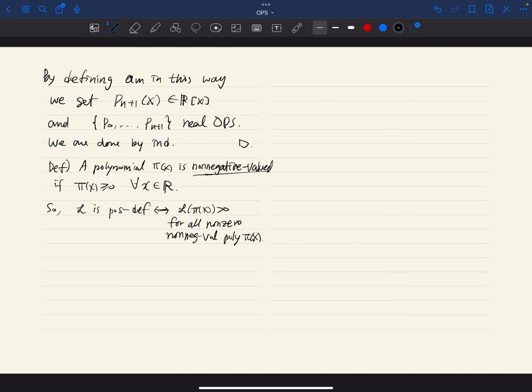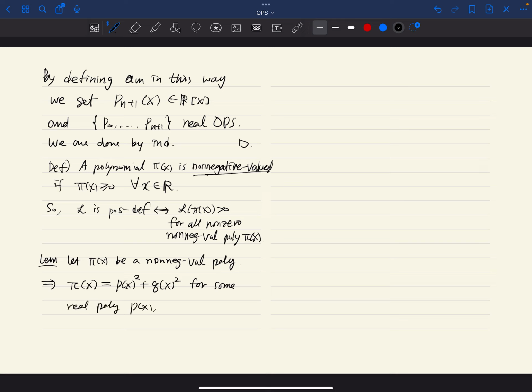But before that, let me prove a simple lemma about non-negative valued polynomials. Suppose pi is a non-negative valued polynomial. Then it has a nice expression like this: p of x squared plus q of x squared for some real polynomials p(x), q(x).